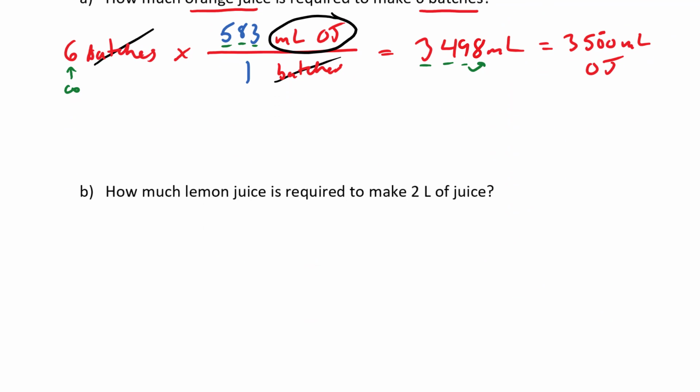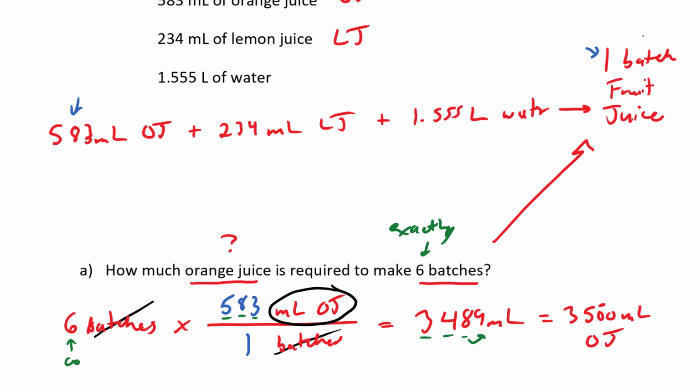Let's try B. How much lemon juice is required to make 2 liters of juice? So we're asking how much lemon juice is required to make 2 liters of fruit juice. We'll call it FJ for short. Now there's a slight problem here. 2 liters of juice. Let's go to my recipe. Notice the recipe gives it by batch, not by the final volume. So what do we have to do?